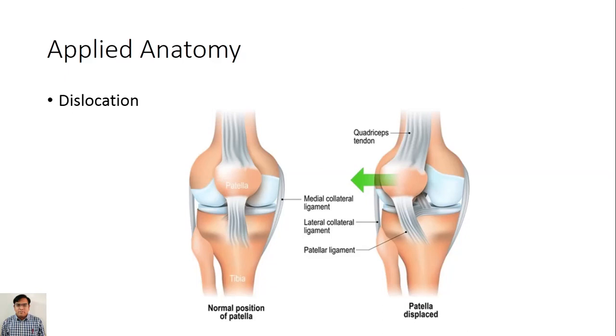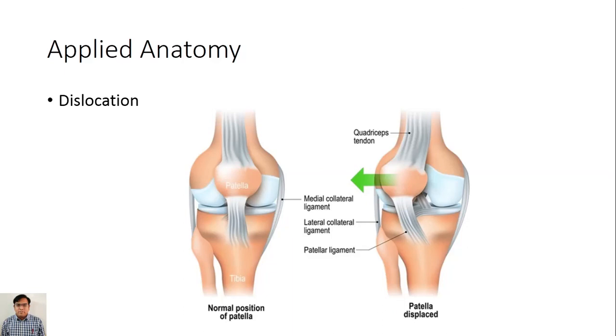It is prevented by some bony factor and muscular factor. The lateral articular surface of femur is deeper as compared to the medial one, and the insertion of vastus medialis is a little longer than the vastus lateralis.